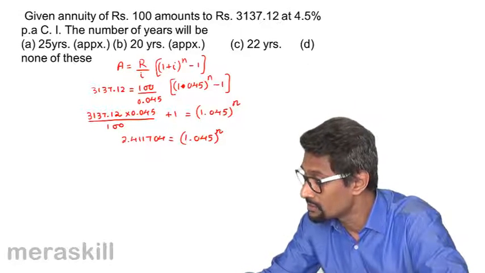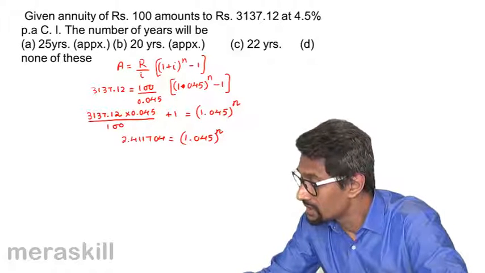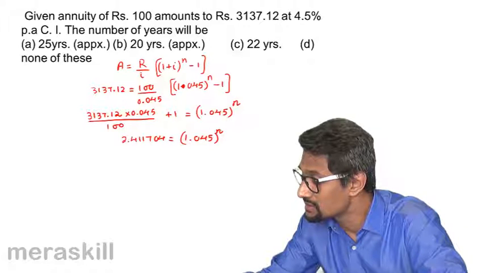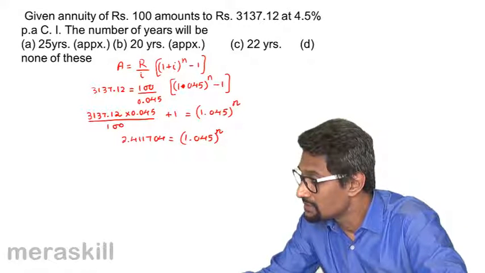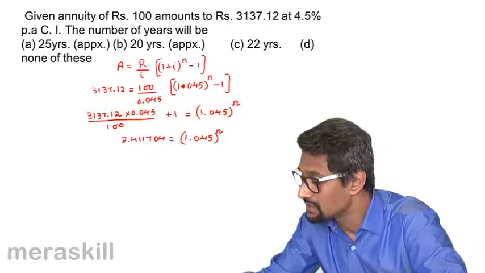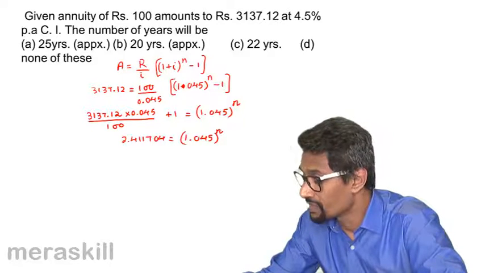So let's see, 1.045 into 2 times, 3 times, 4 times, 5, 6, 7, 8, 9, 10, 11, 12, 13, 14, 15, 16, 17, 18, 19, 20.